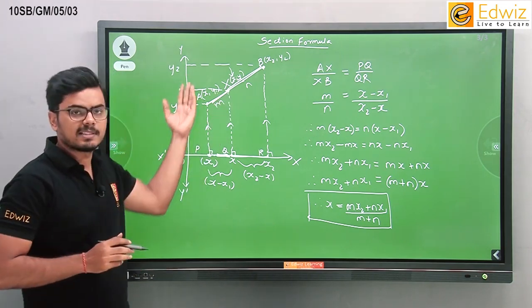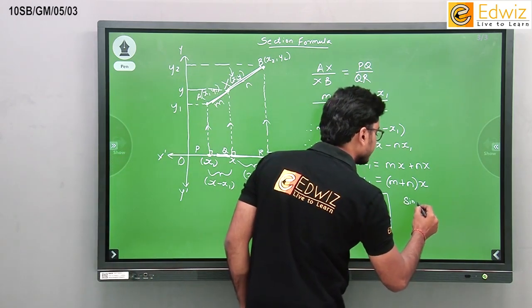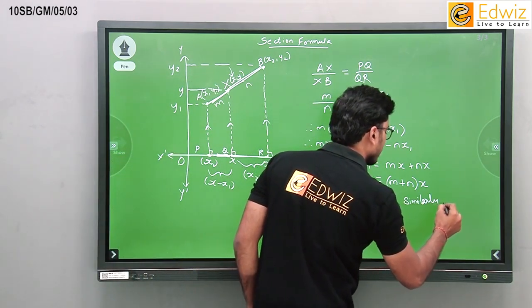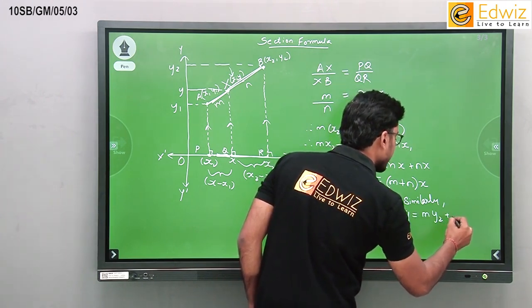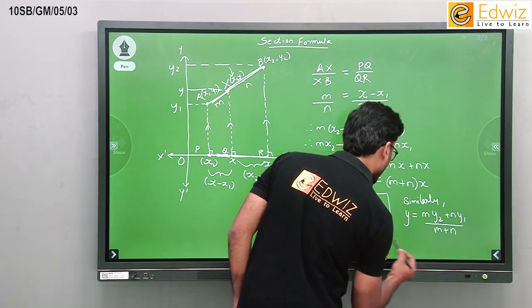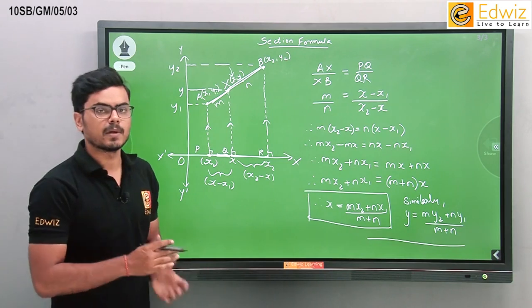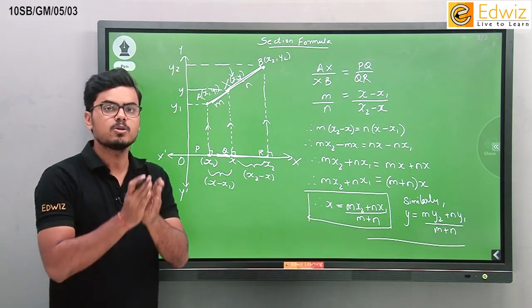Okay, so with the same logic, what point will we get for y? Similarly, y will be equal to my2 plus ny1 divided by m plus n. So this is what you need to remember. This is the section formula. Why section? The word itself means to divide.